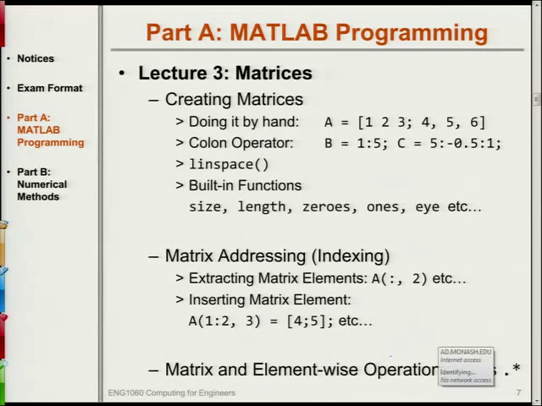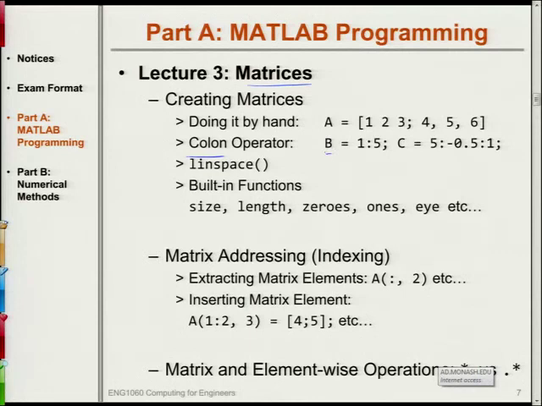Then we cover the topic of matrices. In matrices we introduced two basic operators. One is the colon operator, which we normally use to define a matrix or a vector.